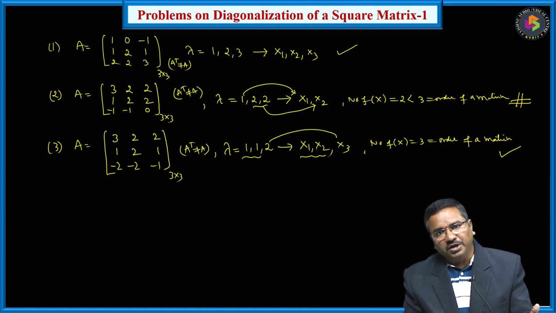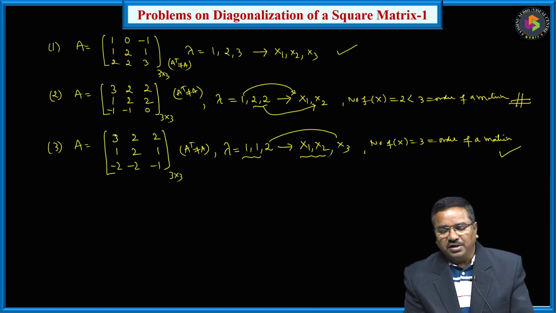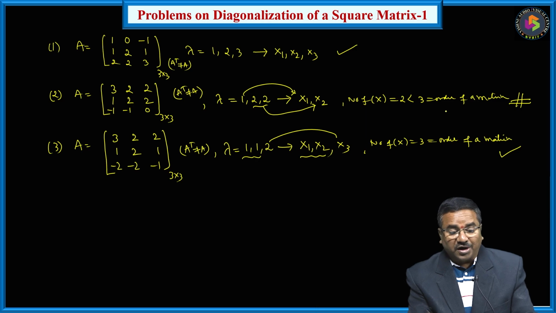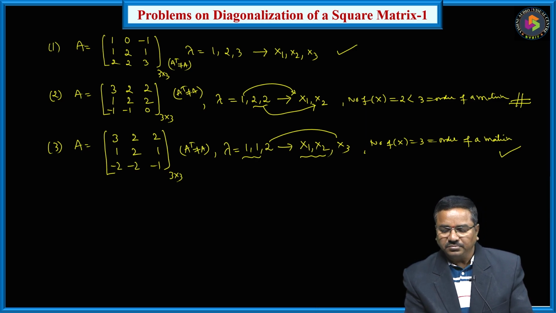But if eigenvalues are repeated, it may or may not be diagonalizable. The second and third are examples of this. In the second one, eigenvalues are repeated but it is not diagonalizable, because the number of eigenvectors is less than the order of the matrix. But in the third case, which also has repeated eigenvalues, the number of eigenvectors equals the order of the matrix.